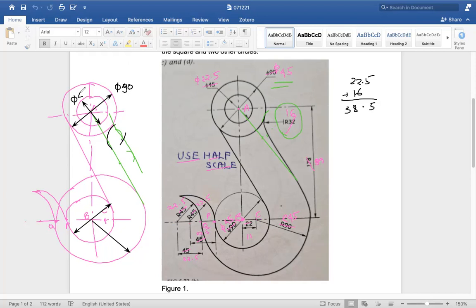You will be writing the original only, and you will write scale 1:2. This you will write radius 32. This is diameter 90. And this is radius 90. So this way we can do this sum.